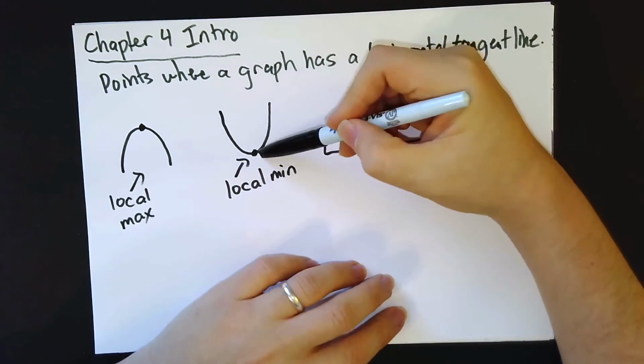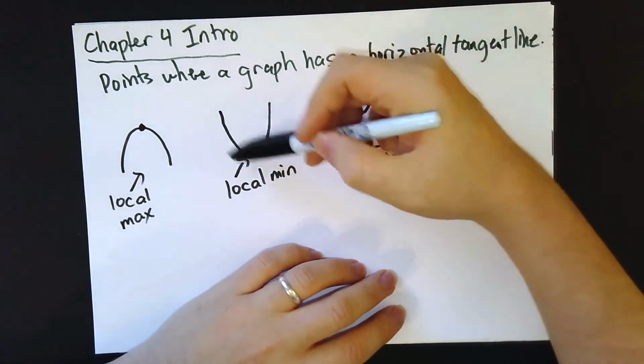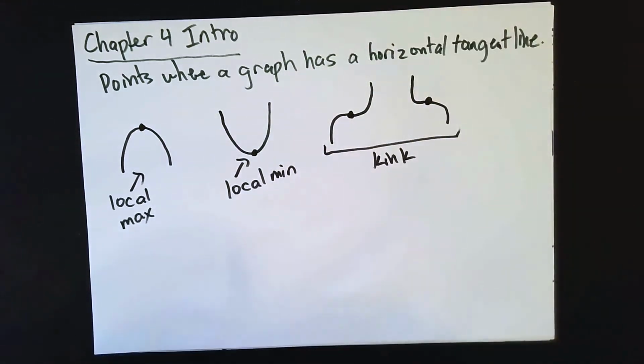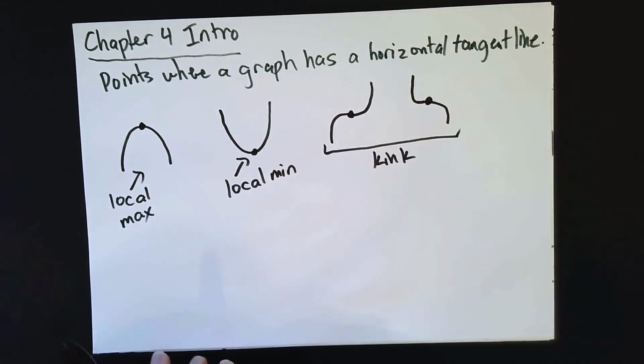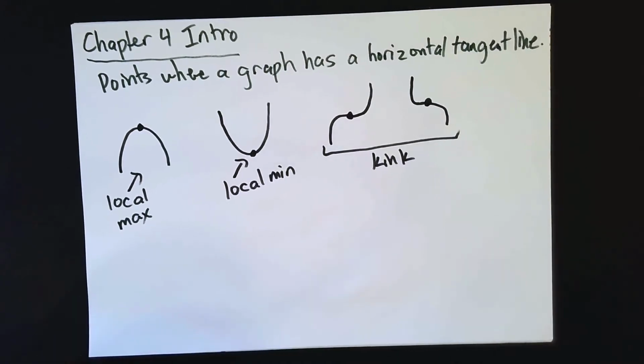Likewise here, except for the minimum, this value is smaller than all of the values nearby. For applications, particularly in economics and business, usually whenever you're given a function, you're either trying to minimize it or maximize it. Trying to minimize the cost while maximizing the profit, for example. These things show up a lot throughout our lives.